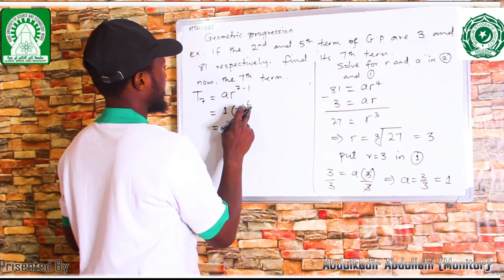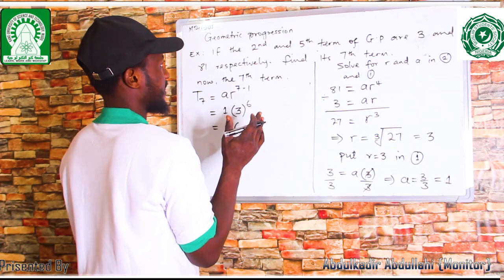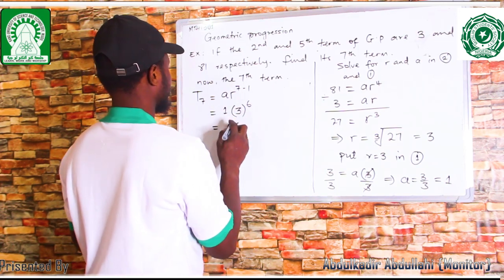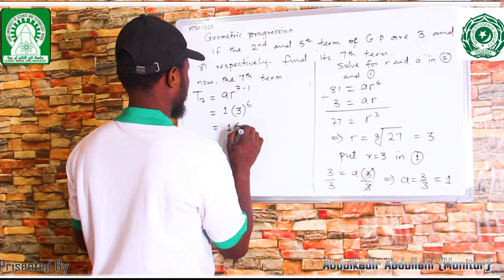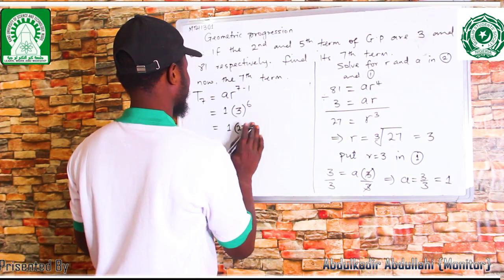So the next thing is 1 multiplied by 3 power 6. What is 3 power 6? Let me check.